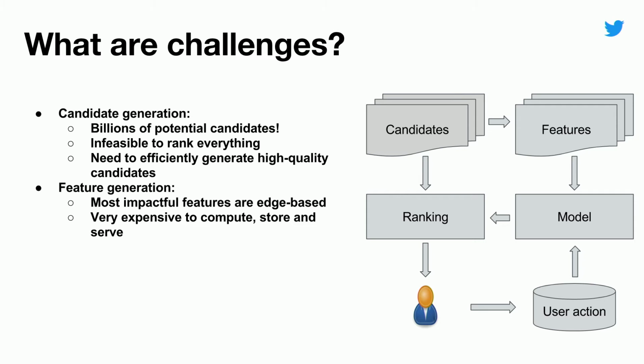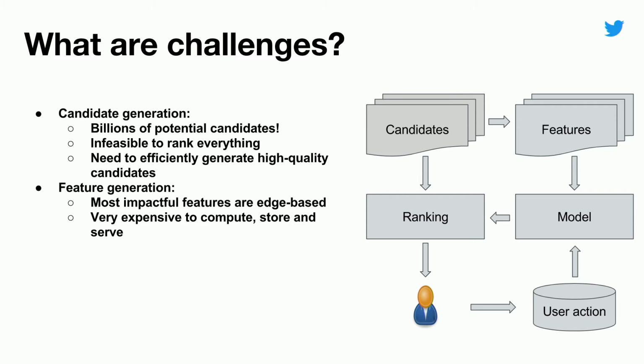Another important challenge is feature generation. In our experiments, most of our impactful features are edge-based. When you're recommending a candidate to a user, you can generate many types of features. You can generate candidate-only features, that hey, this candidate is about this topic.